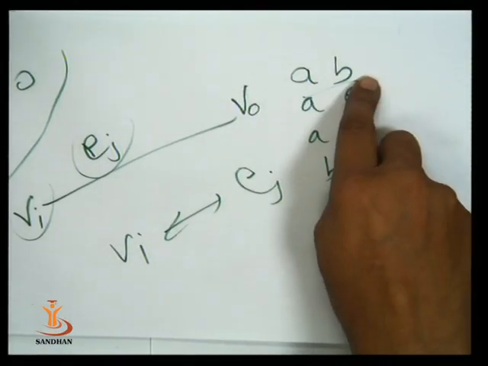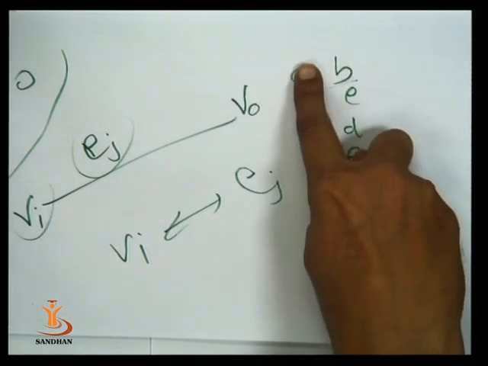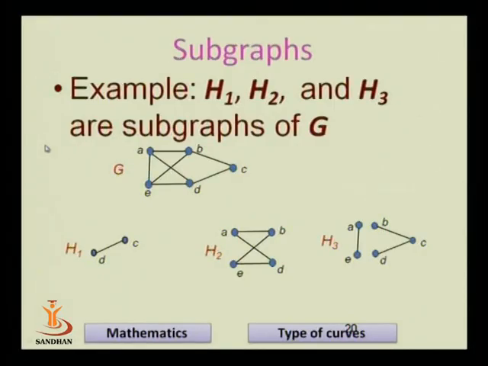Between A and E, A, B, E is a path from A to E. So subgraph H3 is not a connected graph. Why? There does not exist any path from vertex A to vertex D. So this graph is not connected.